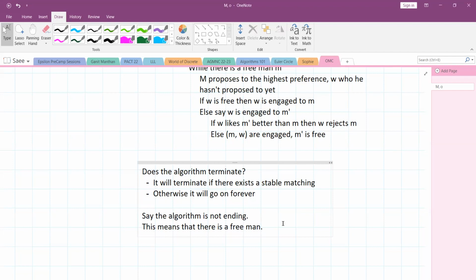Throughout the course of the algorithm, every man is paired with at most one woman, right? No man is paired with two women at any point. So this means that there's a free man, which implies that there must be a free woman as well, right? Does this make sense? Okay, awesome. Now can you try to finish the argument from here?